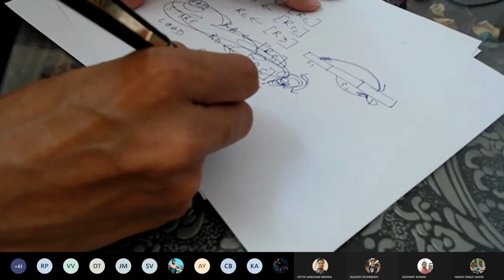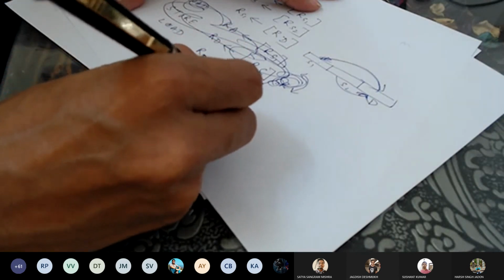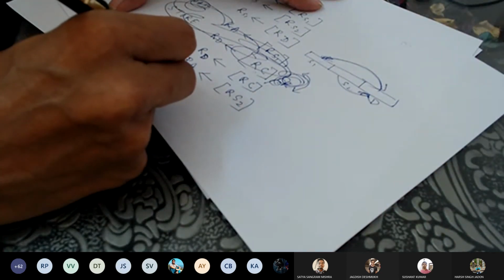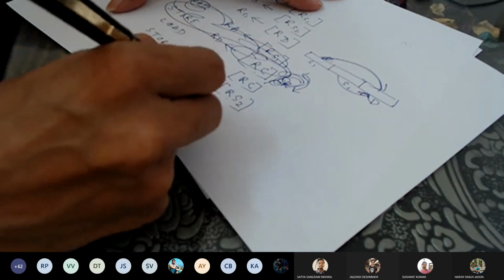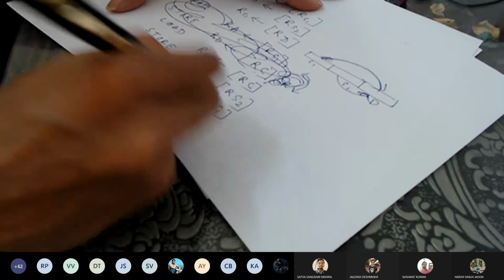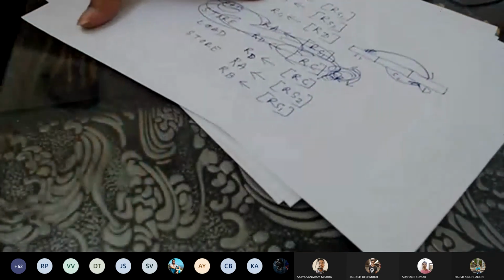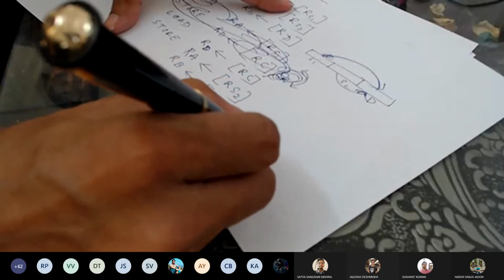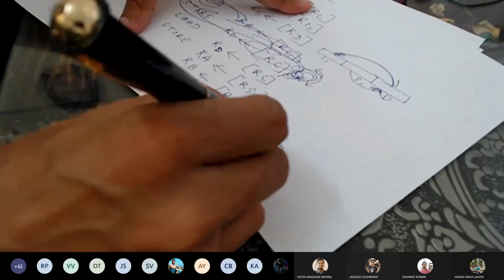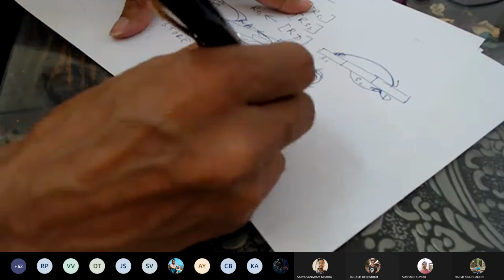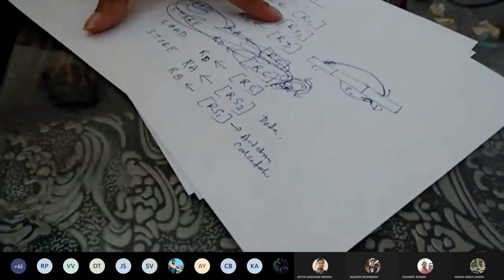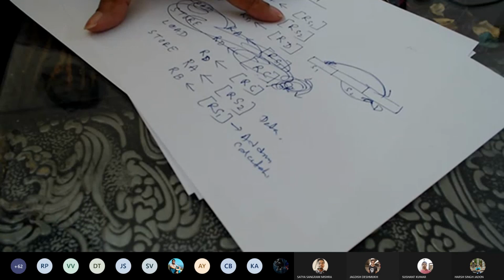No. We have to start from page number 56 because we have already done 55. This is for address calculation. This is for data. Okay.